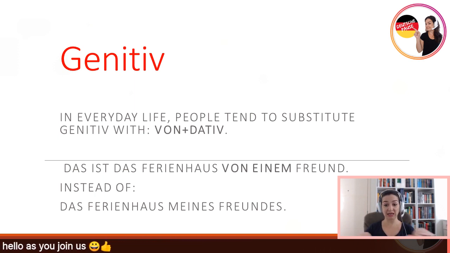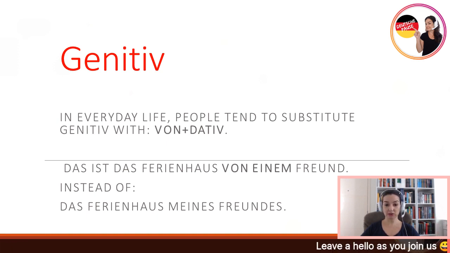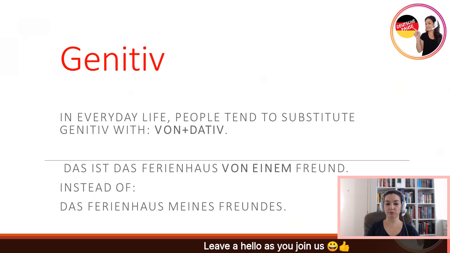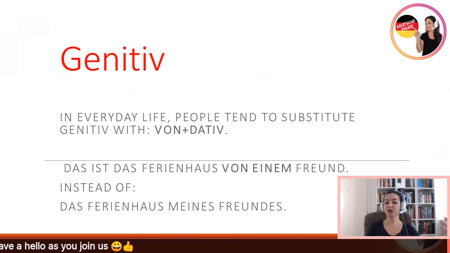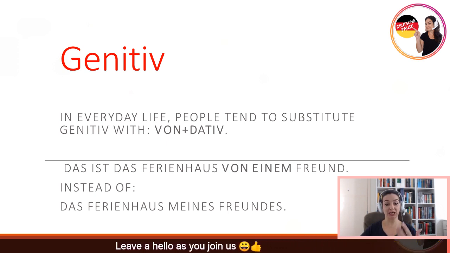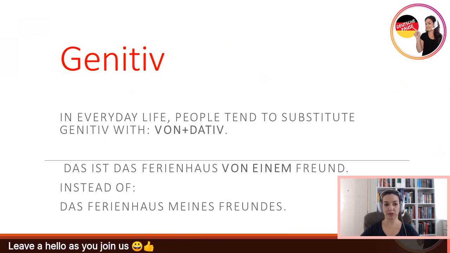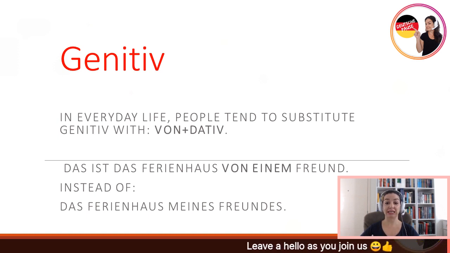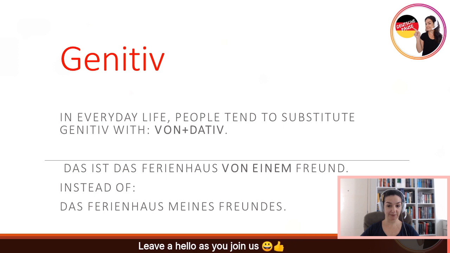It means exactly the same thing, but here you are using von plus dative instead of genitive, meines Freundes. Because we already use so much dative everywhere, it sounds maybe more natural to keep using dative. And that's why genitive is dying out, and people are using it less and less every single day.